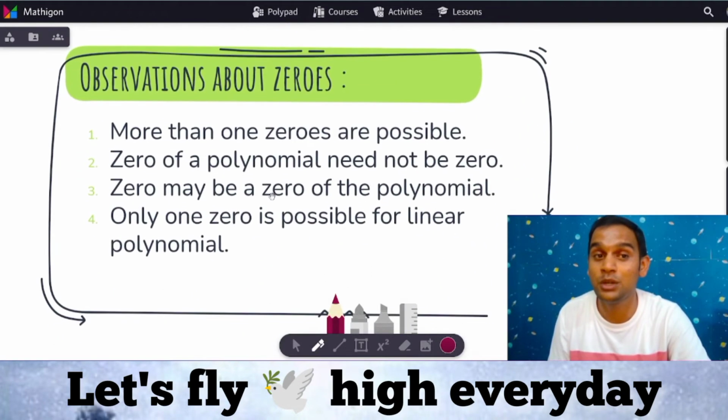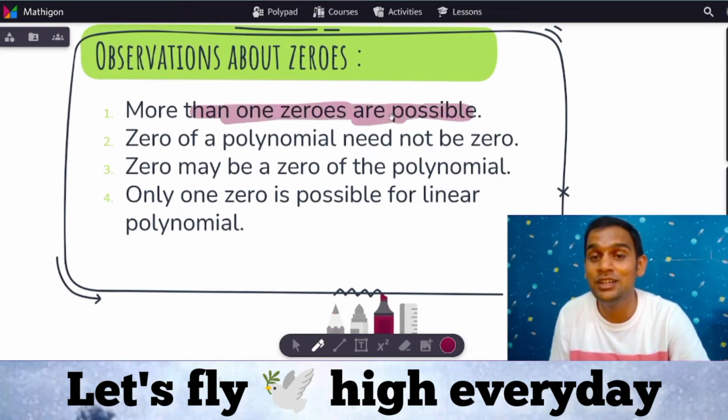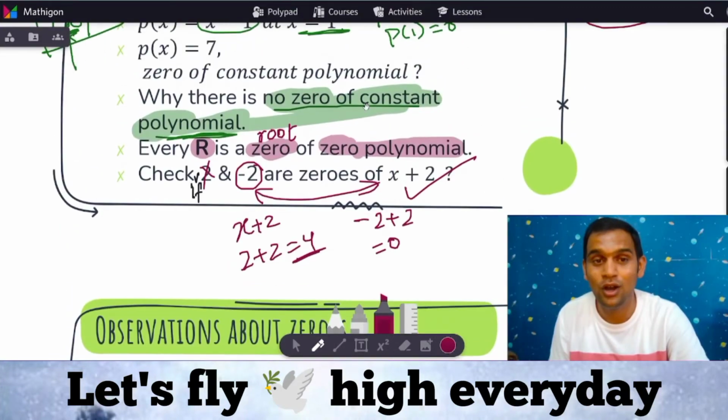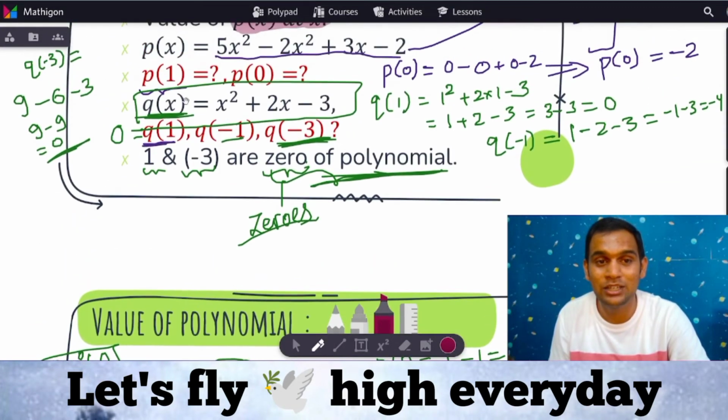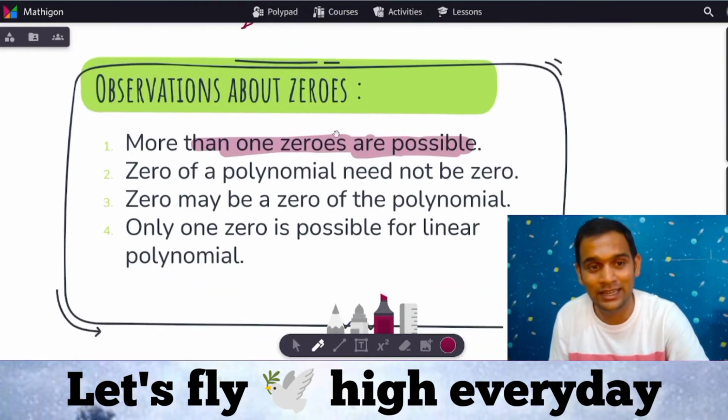Now, what are the observations about zeros of a polynomial? A polynomial can have more than one zero. As we saw in this particular example, q of x equals x squared plus 2x minus 3, we had q of 1 and q of minus 3 as zeros, right? More than one possibility is obviously there.